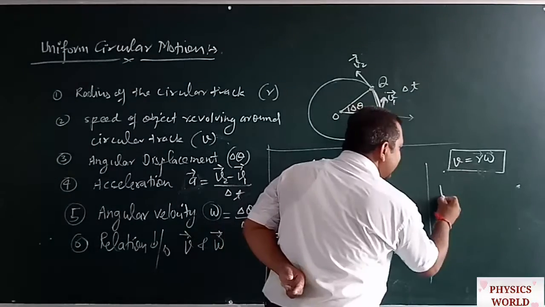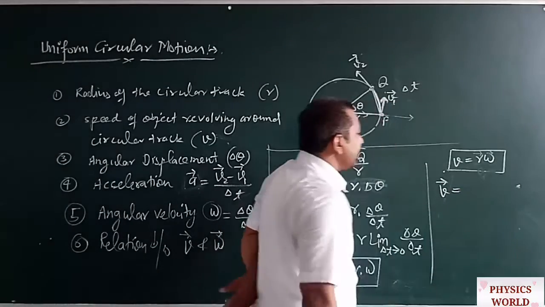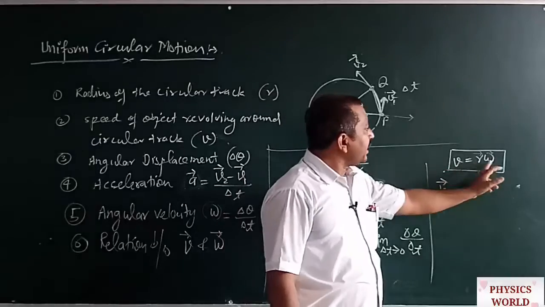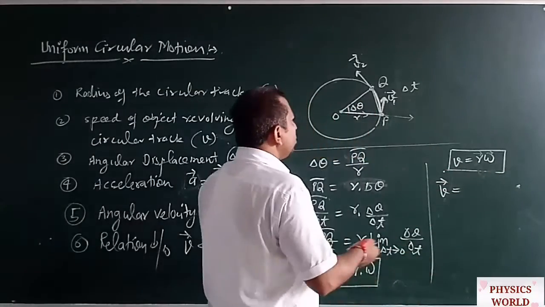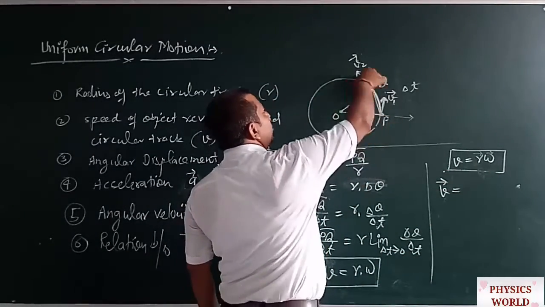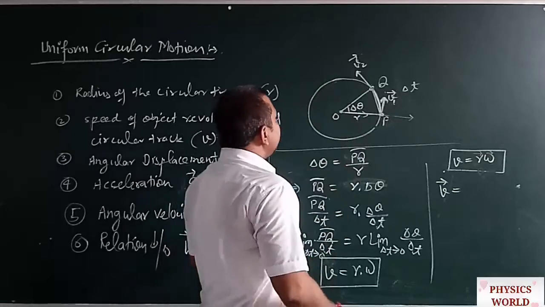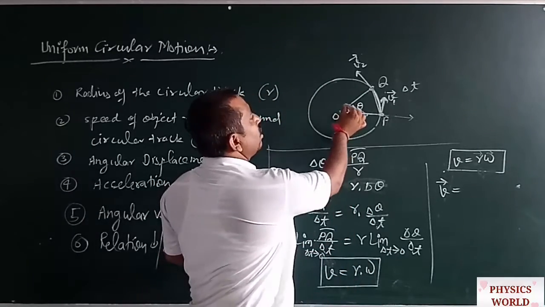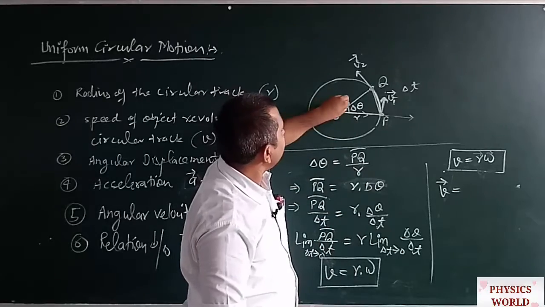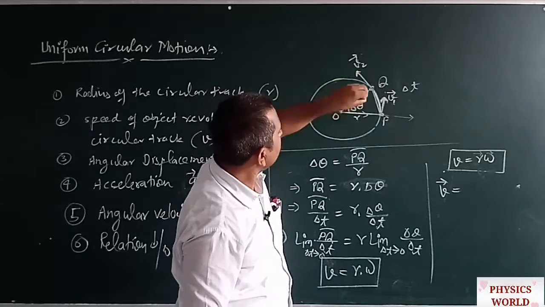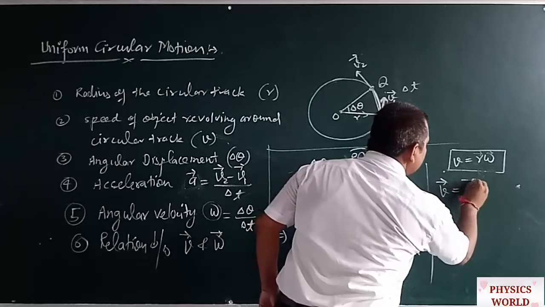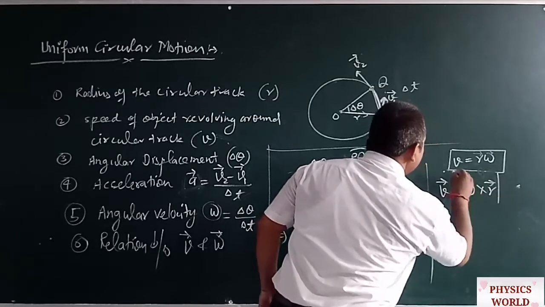So if we write this in vector form, in what direction can we take it: r cross omega or omega cross r? If the object is revolving in the anti-clockwise direction, then the direction of omega will be perpendicularly outward. So this can be taken as omega cross r.